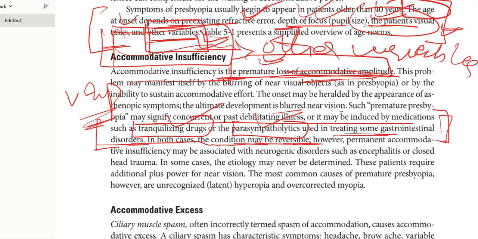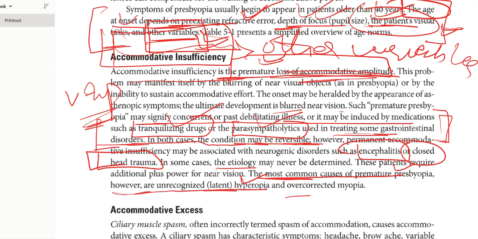What are the irreversible causes? Encephalitis or closed head trauma. The most common cause of premature presbyopia, however, is unrecognized latent hyperopia and overcorrected myopia.